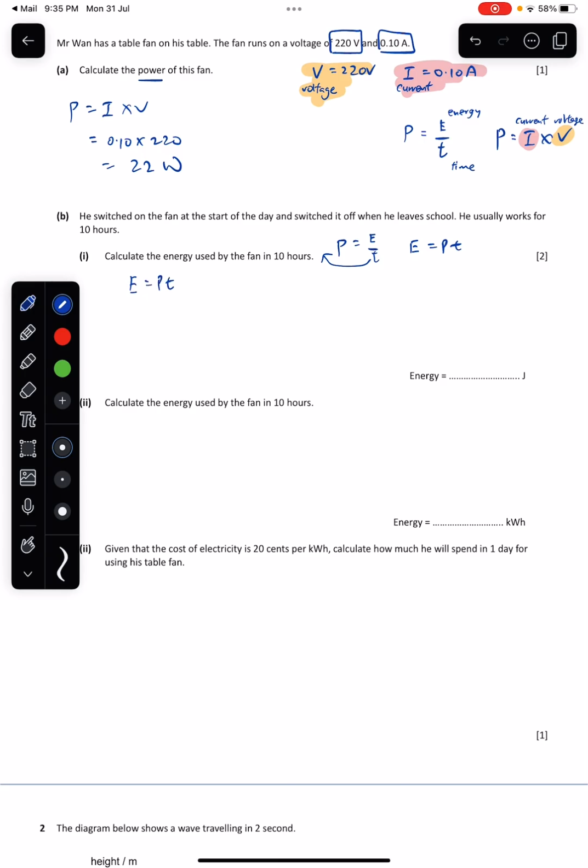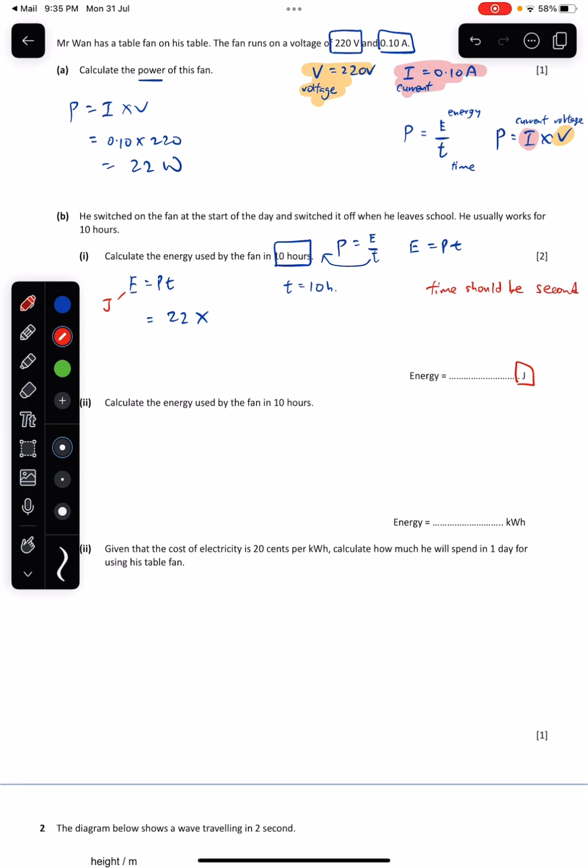So if you recall, E equal to PT, when it comes to calculating the cost, there are two ways of writing it. So in this case, let's see, shall we? So this is Joe. So the power in this case is 22 times, okay, look carefully, time equal to 10 hours. But remember, time should be seconds.